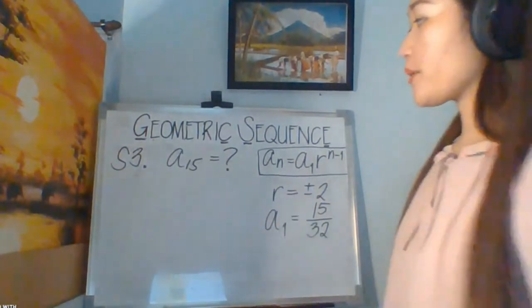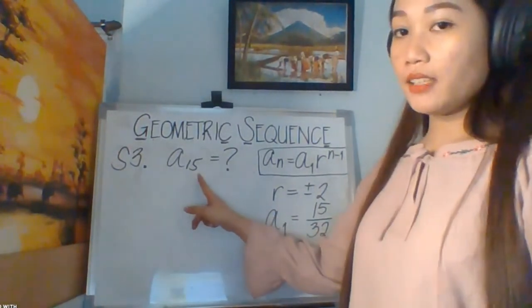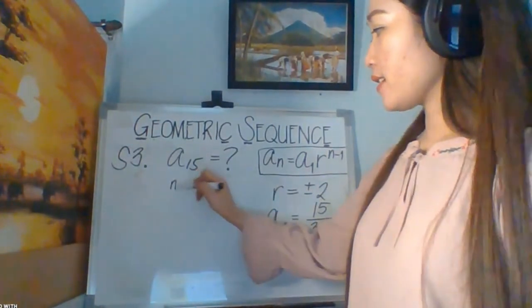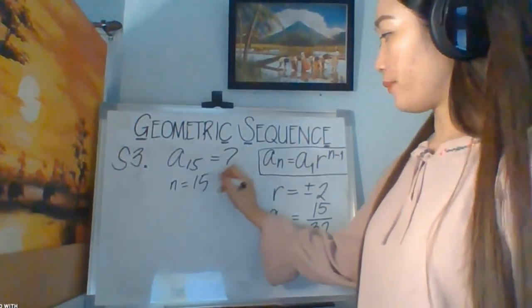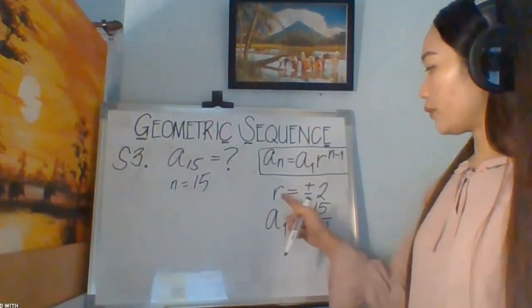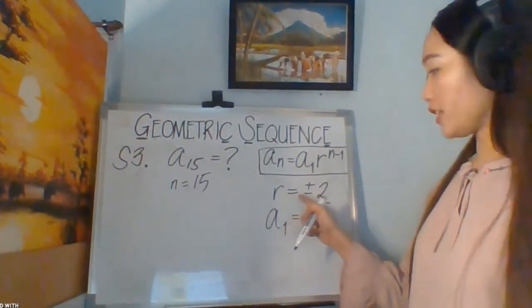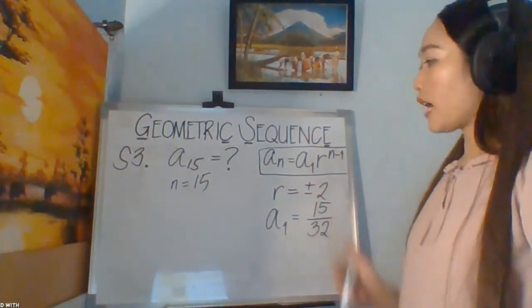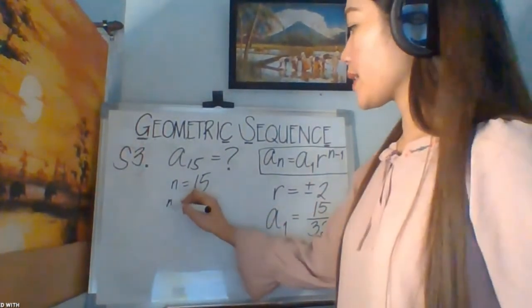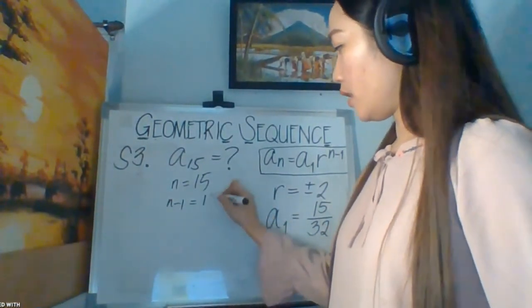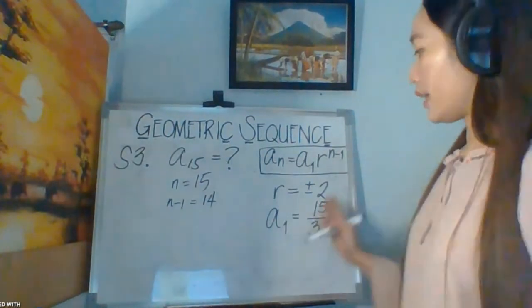Since we are looking for a sub 15, the value of n is 15. Our a sub 1 is 15 over 32, and r is either positive or negative 2. For n minus 1, that is 15 minus 1, which is 14. So we are now complete.